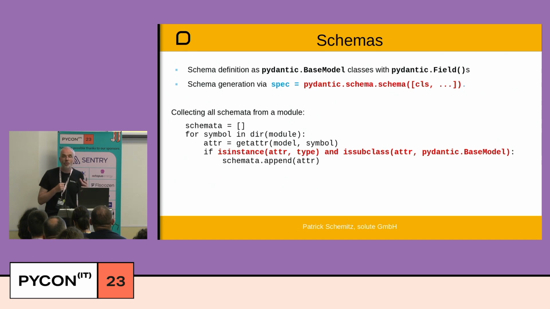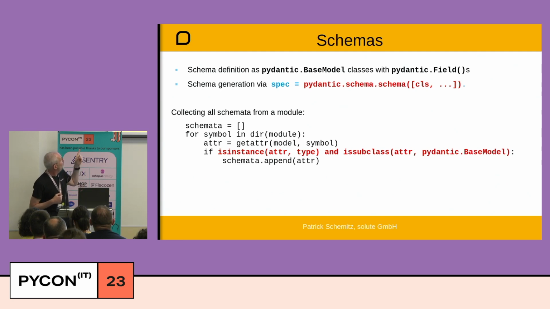And it's even quite easy to generate that list of classes automatically if we put all the classes in one module. Because then we can use dir on the module to get all the symbols. Dir in production code, that's weird. And get the appropriate attribute with getattr.